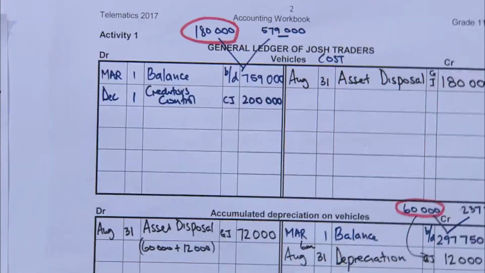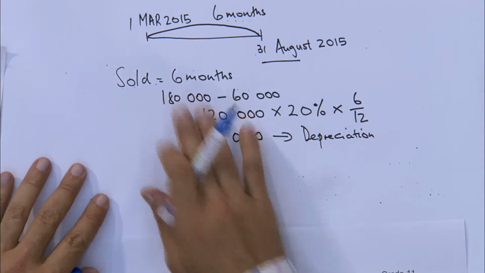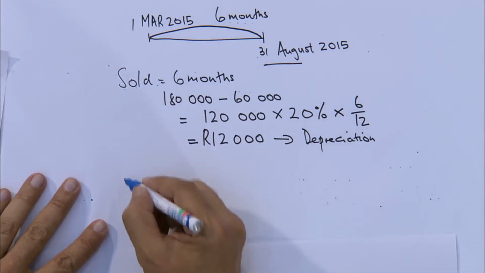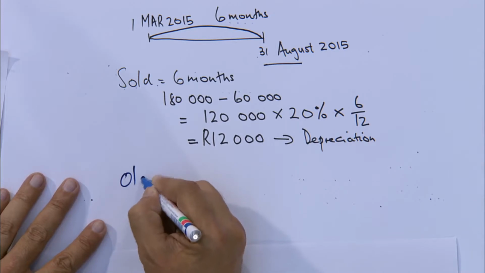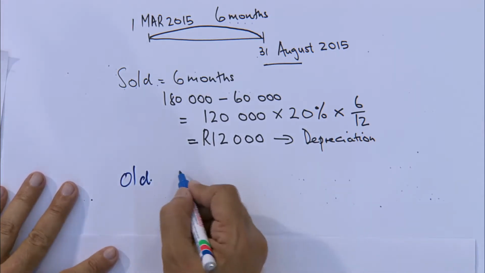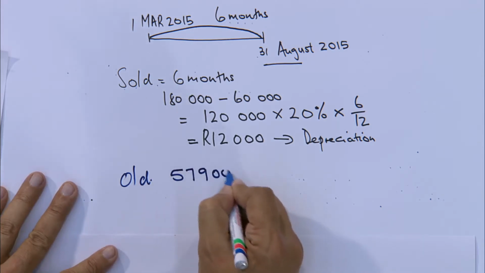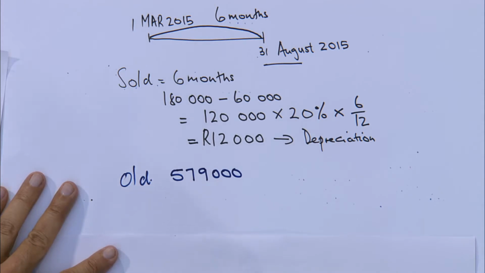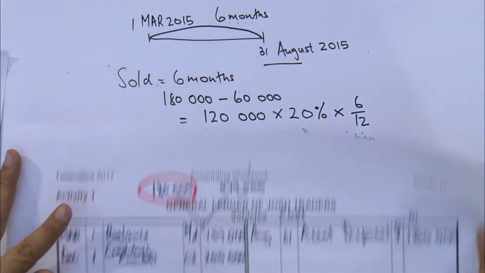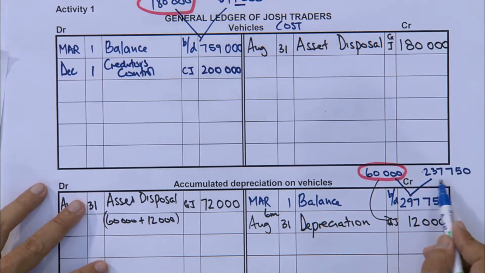If I go to the calculation page quickly, that was my vehicle that I sold. Now you still have an old vehicle, right? So the cost price of the old vehicle is 579,000. The activity says diminishing balance. So we have to look at how much accumulated belongs to that old vehicle.